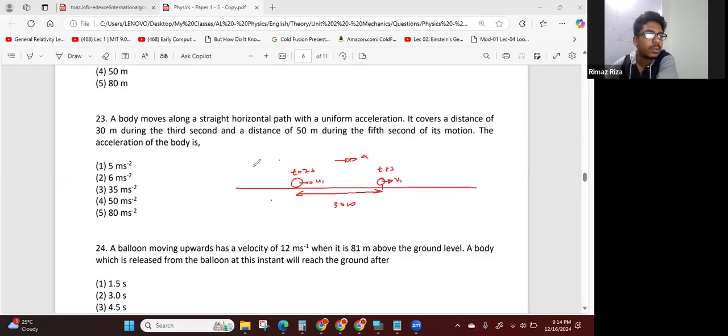It covers a distance of 30 meter during the third second. So here it is also actually accelerating. It has some velocity here, some velocity here. So both we don't know. So if you are going to do like this, we have to solve more variables.